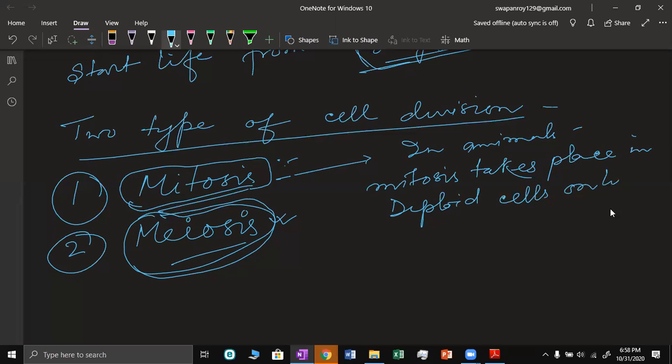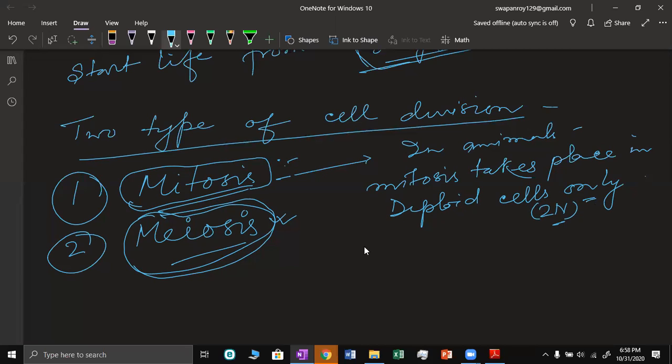Diploid cells means cells having 2n number of chromosomes, two sets of chromosomes.